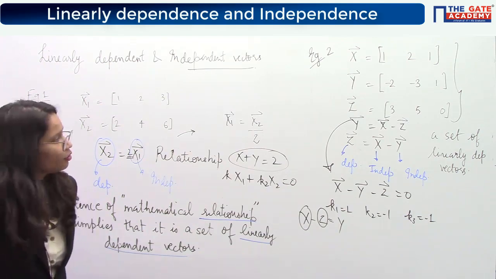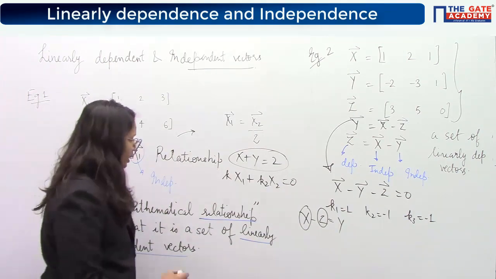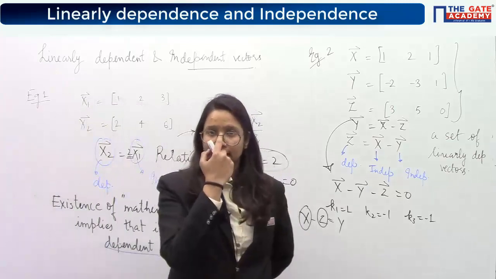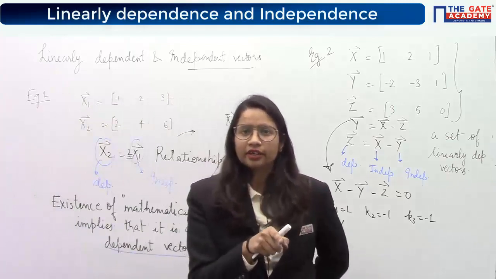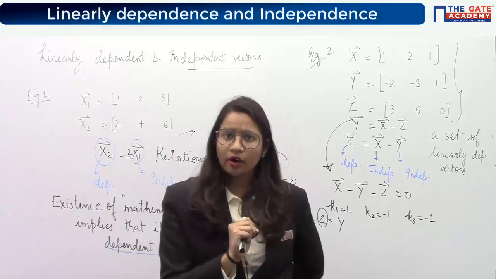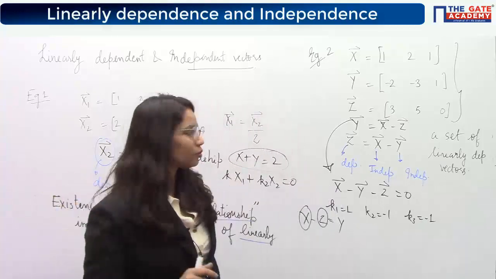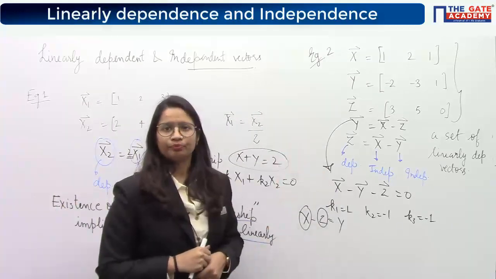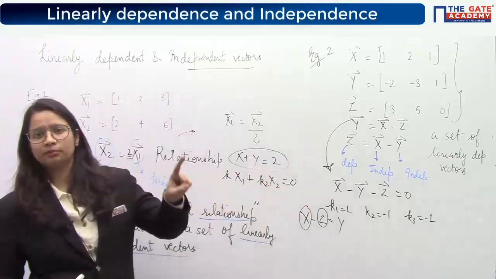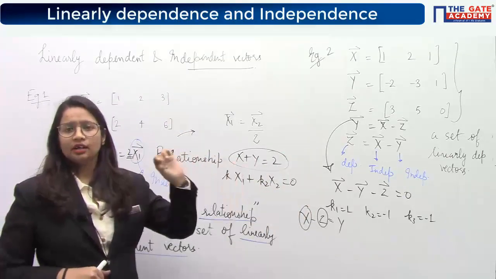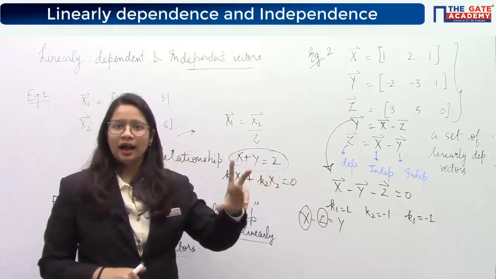One more thing to focus on. In the last example I wrote that physically, linearly dependent vectors are parallel vectors. Now, will that statement be true for 3 vectors also? Yes, it is true for 3 vectors also, but the vectors which are parallel have changed.